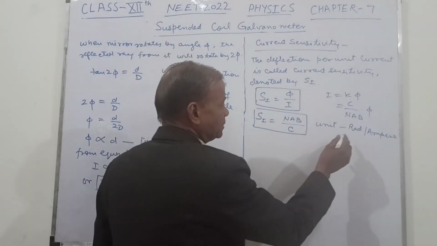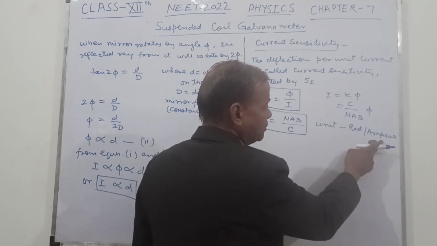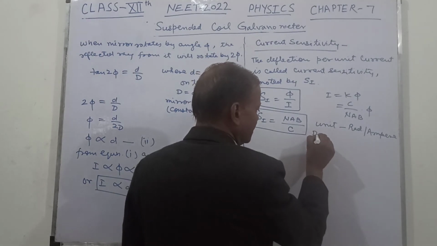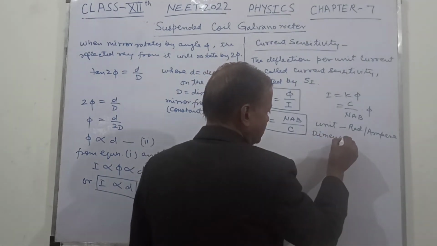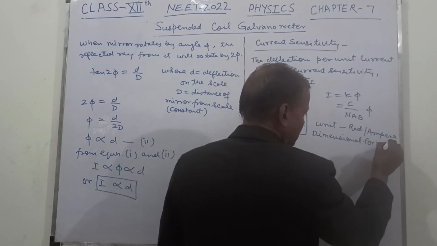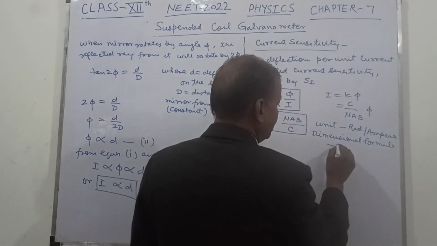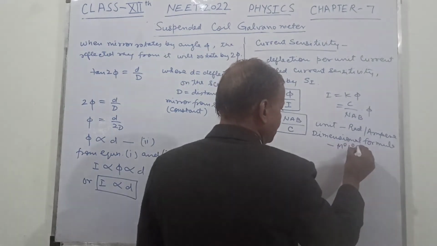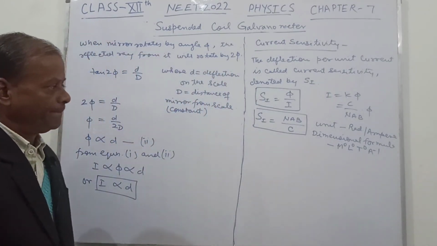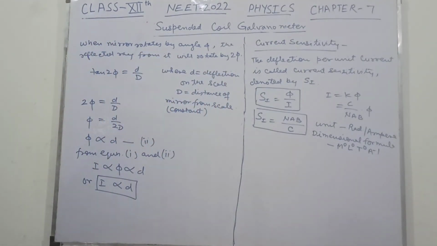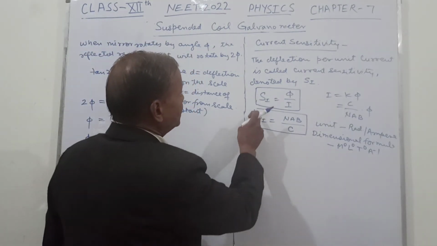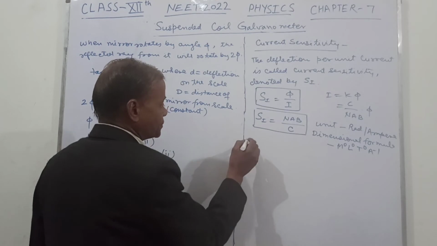Radian is unitless, and ampere is measured in A. So its dimensional formula will be M0 L0 T0 A minus 1. Now you can see that this current sensitivity can be increased.